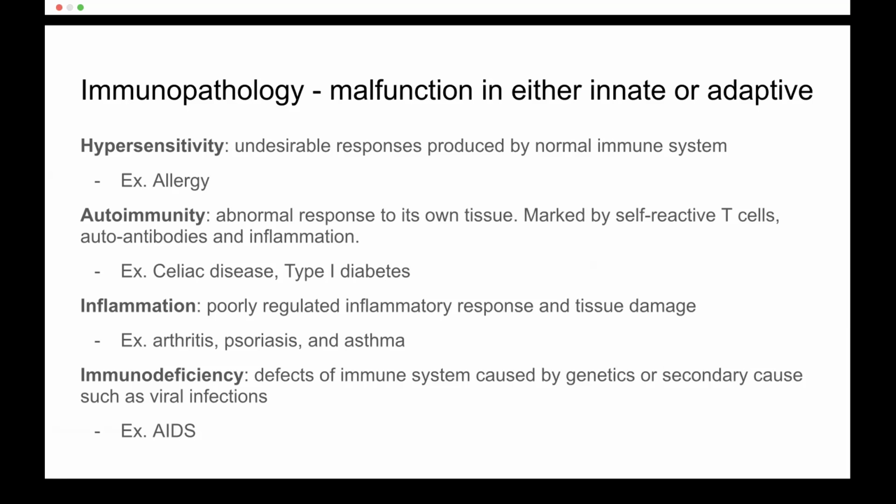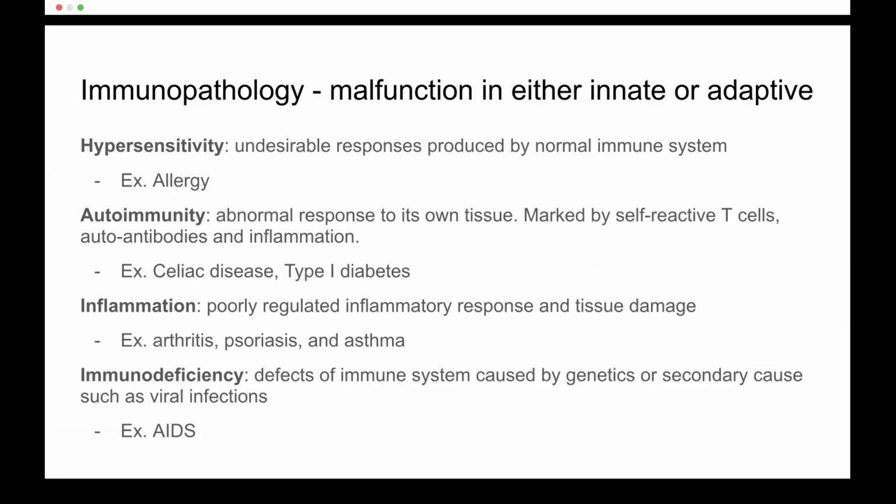But once the inflammation is chronic, it's long term, it will damage the tissue. So, for example, arthritis, psoriasis, and asthma. Psoriasis is a skin condition where you constantly have inflammation and have a rash.